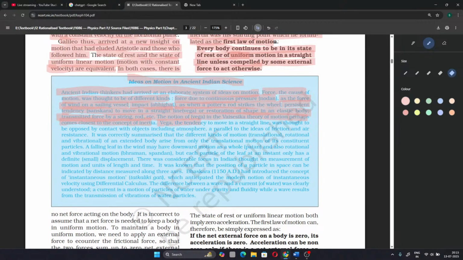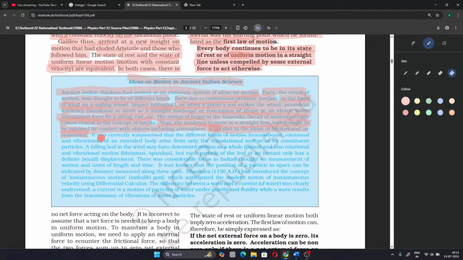Vega, the tendency to move in a straight line, was thought to be opposed by contact with objects, including the atmosphere. Basically, they are talking about frictional and atmospheric forces like air resistance, or viscous forces like water resistance, etc. A parallel of the ideas of friction and air resistance.